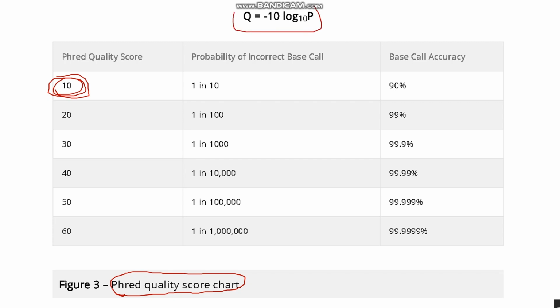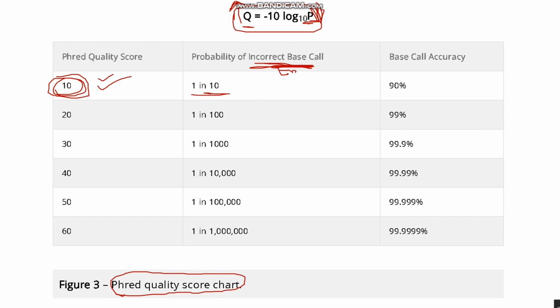It's actually a formula. Q is the Phred score, and P is the error. If the Phred score Q is high, the P is low. If the Phred quality score is 10, the probability of incorrect base call, meaning the error, is 1 in 10.